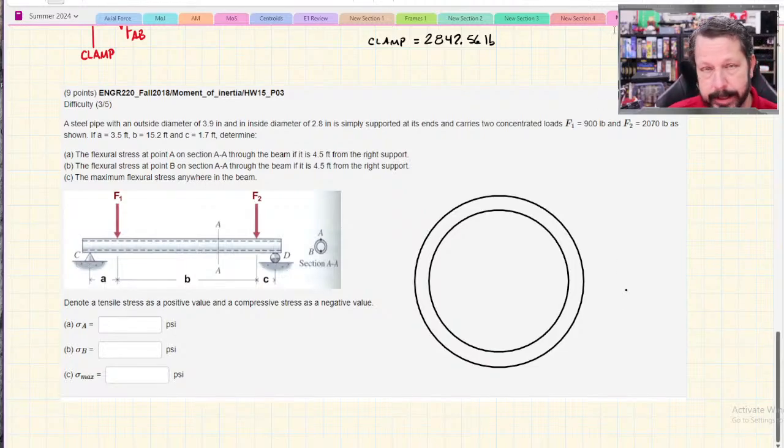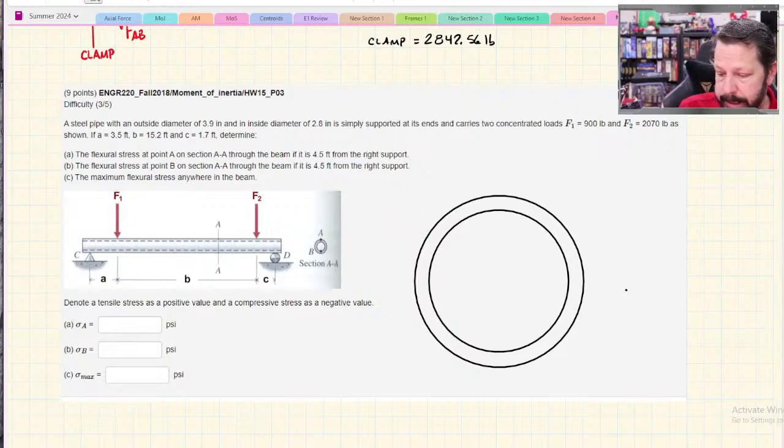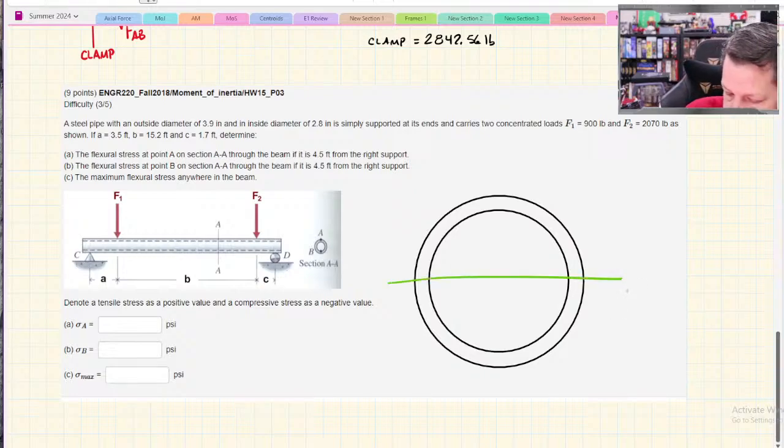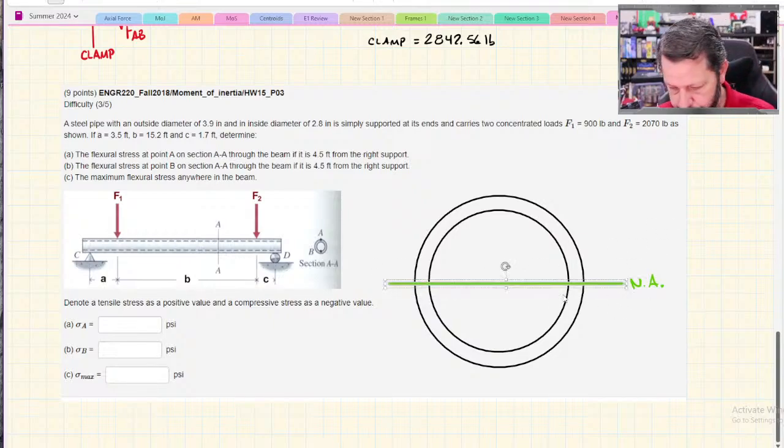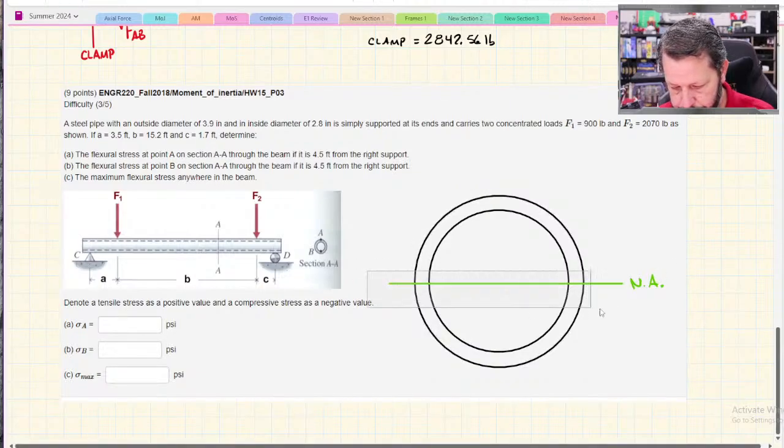We need to go get our moment of inertia for circles because I don't remember it. First of all, in this case we don't have to find the neutral axis because we just know that it's the center. The centroid's right in the center of this thing.